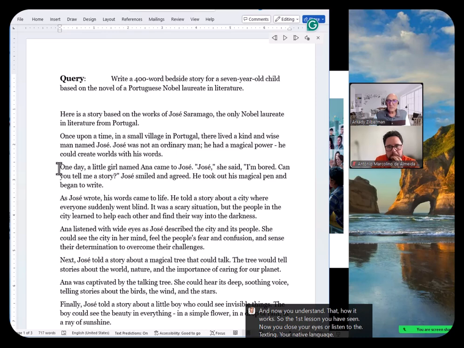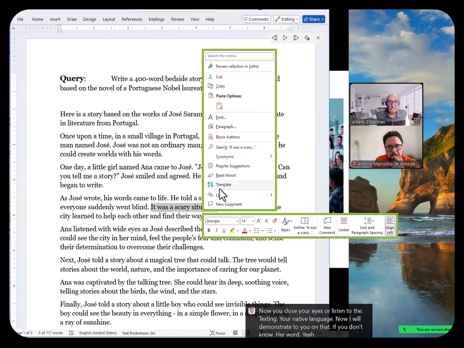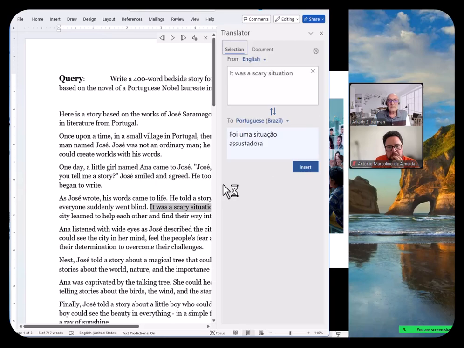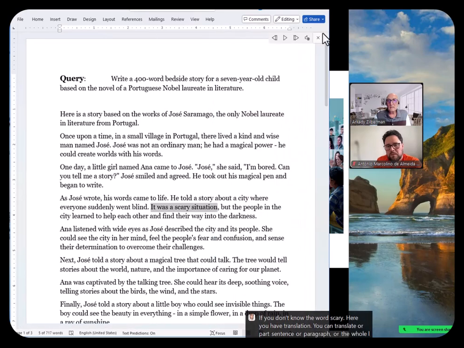Now I will demonstrate that if you don't know a word, if you don't know the word scary, here you have a translation. You can translate a whole sentence or paragraph or the whole lesson.